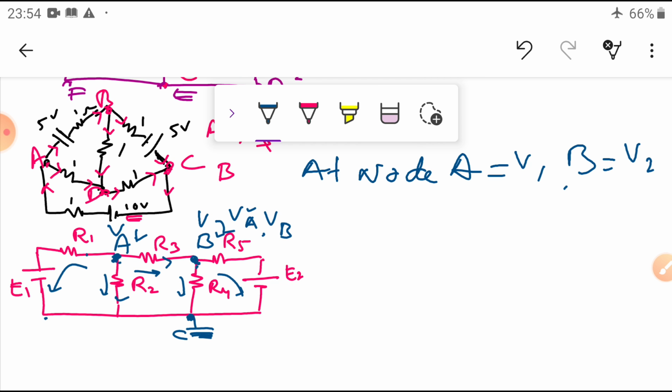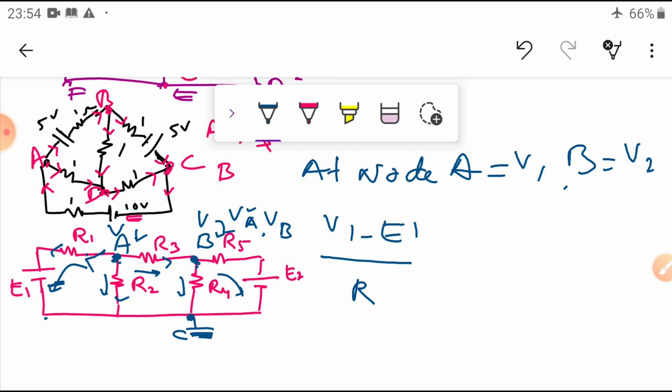Now if you know V1, and if you know E1, then V1 minus E1 divided by R1 gives us the current here. That is the concept. Apply the KCL. The current flowing in this branch is V1 minus E1 divided by the resistance R1.